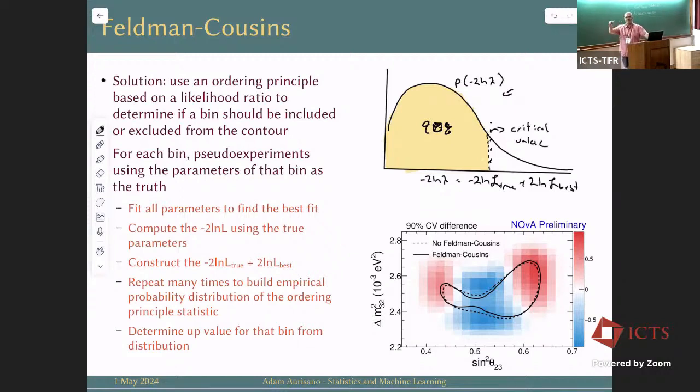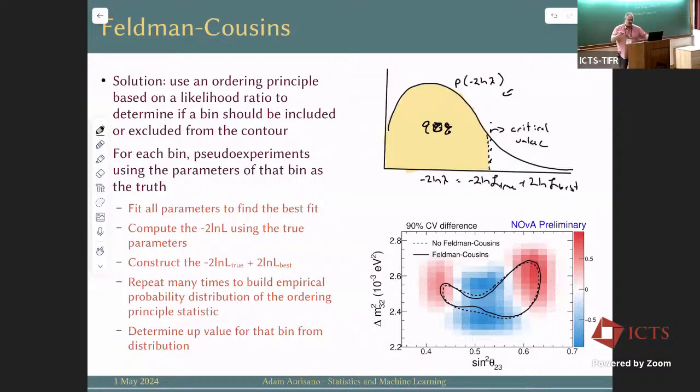So in each bin, you then compute this figure of merit when you have your data. That tells you your observation, and you use that compared to your critical value to determine whether or not that bin is inside your interval.